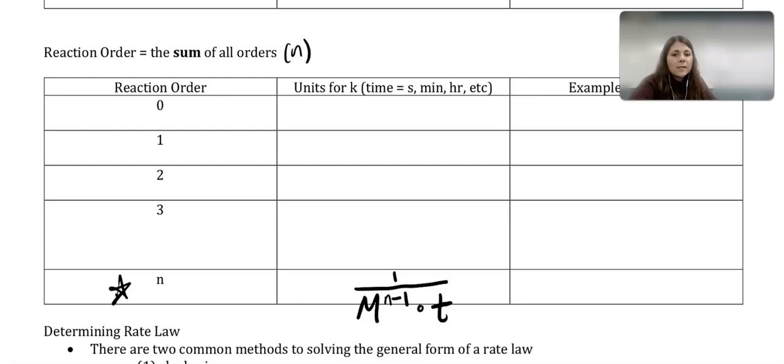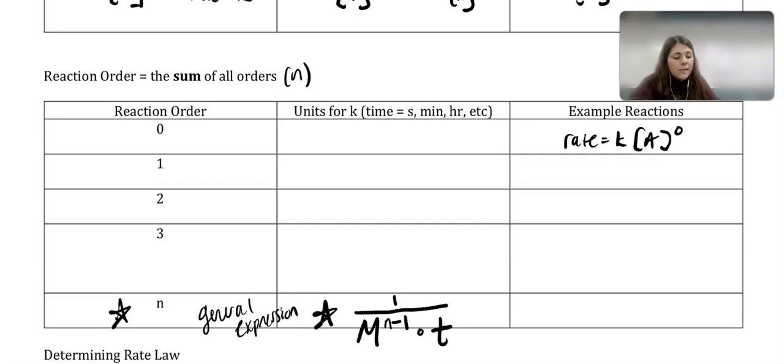Time can be seconds, minutes, hours, it doesn't matter, but you need to use this general expression when figuring out what the units are for K. So if your reaction order is 0, so your rate law was, let's say, rate equals K, A to the power of 0, using this expression at the bottom, 1 divided by M to the 0 minus 1, times time, your units become molarity over time.